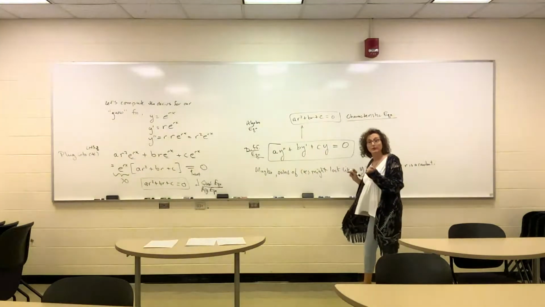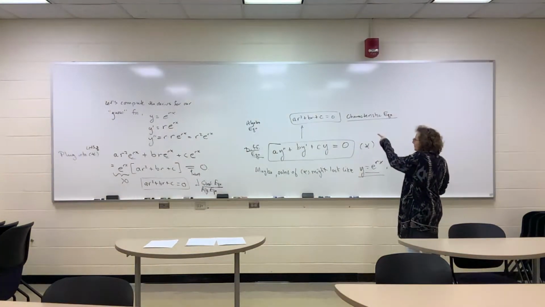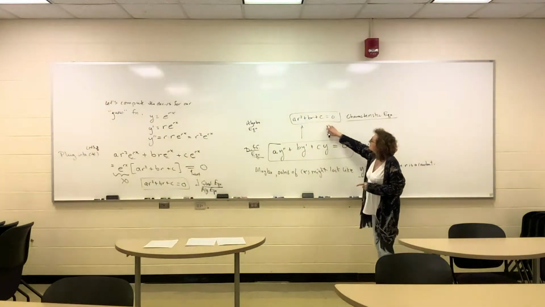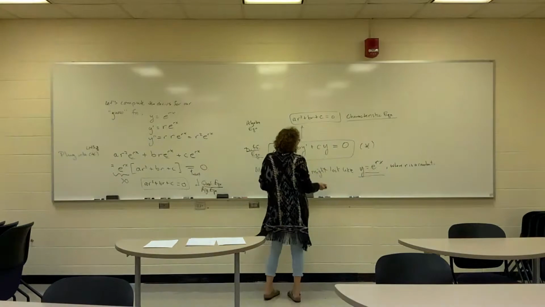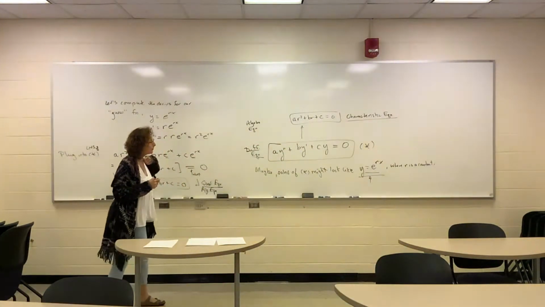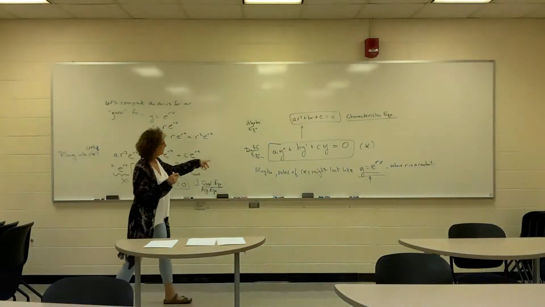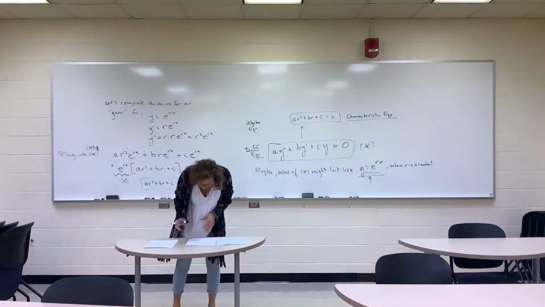It's what's at the heart of it. So if we can deal with this characteristic equation to solve for the R's, then we've got possible solutions for our differential equation. So we turn a calculus problem into an algebra problem. That's super cool, right?